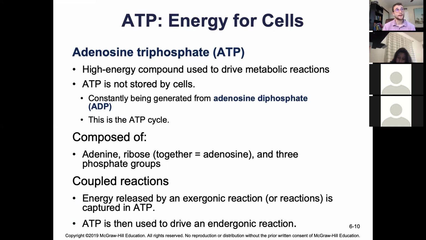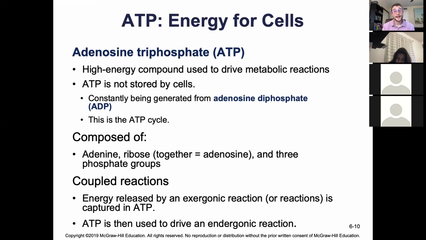So ATP stands for adenosine triphosphate, tri meaning 3 phosphate ions. Adenosine diphosphate, as you can imagine, di standing for 2, adenosine with 2 phosphate ions. So when it's adenosine diphosphate, it's super stable, really low energy.